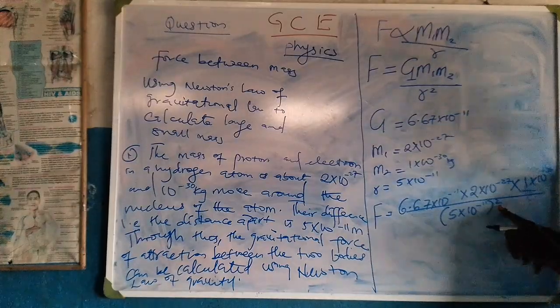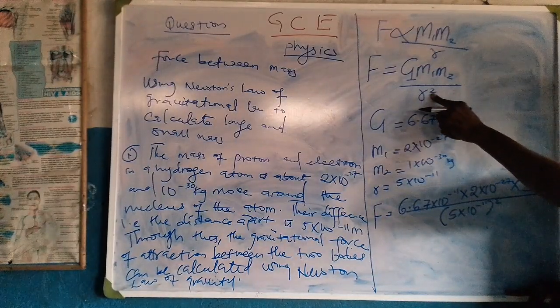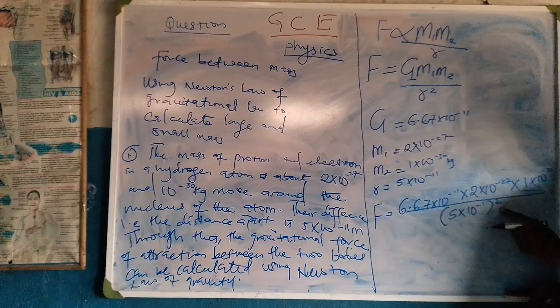Why did I put the 2 here? We look at the equation: in the denominator, the radius is squared. That's why I also attach this power.